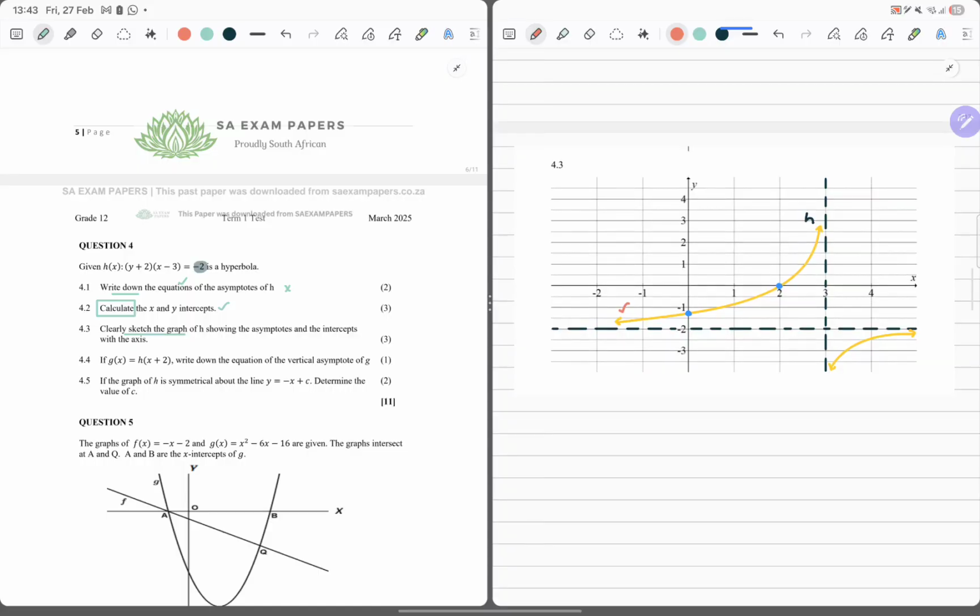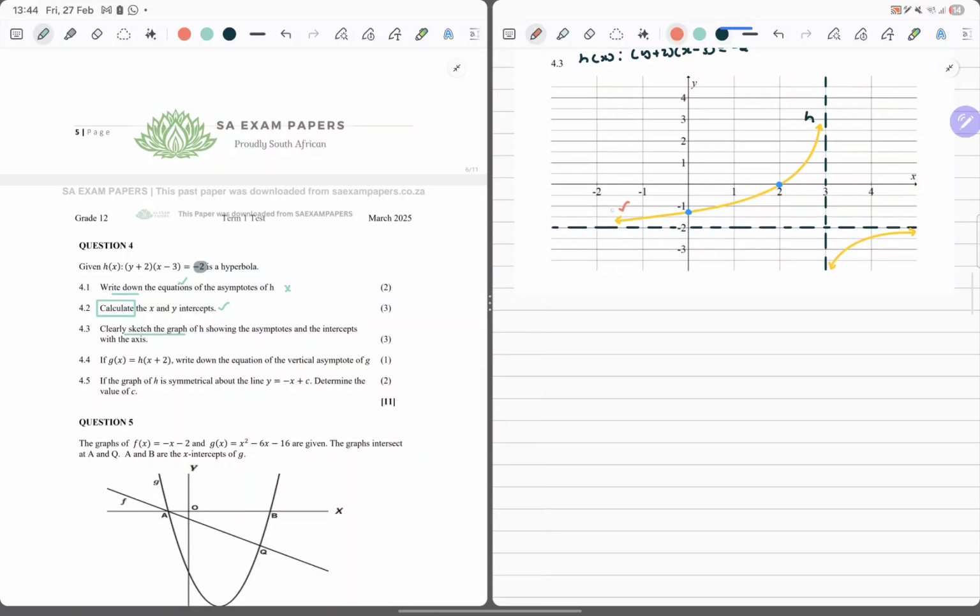If you like, you may even indicate here H of x, the way it's given such that y plus 2 into x minus 3 is equal to minus 2. Or you can write it in standard form. No issues over there.